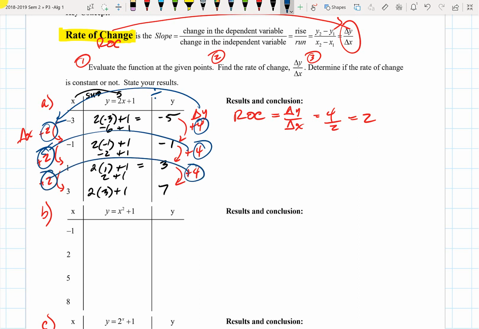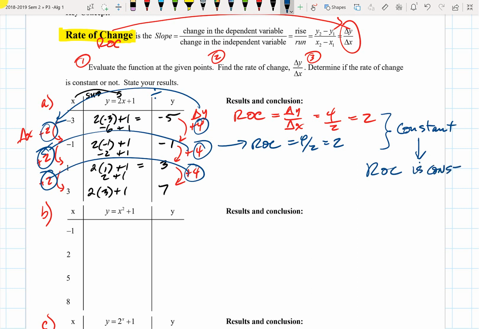In each case, the rate of change is 4 divided by 2, or 2, so it's constant. And it is because this is a linear function. So the rate of change is constant, and we know it's linear because of that.